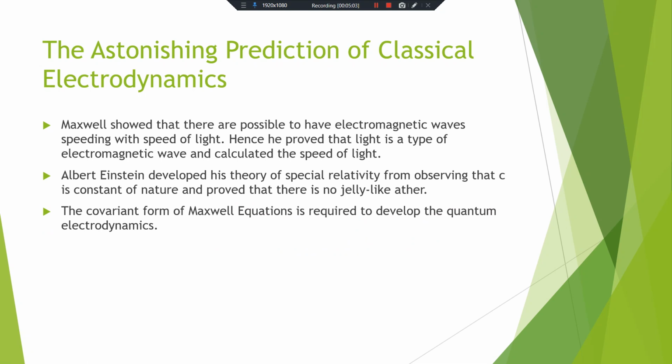Albert Einstein discovered his relativity, observing that the speed of light is constant, and proved that there is no jelly-like ether.